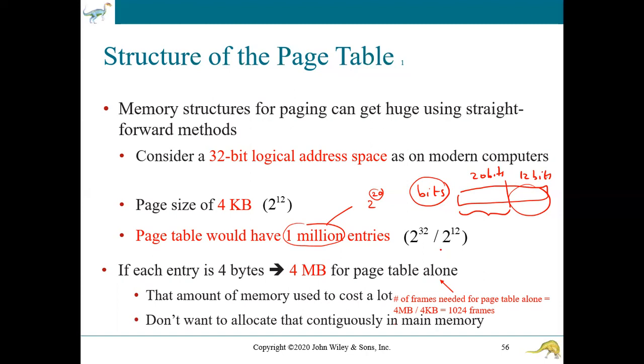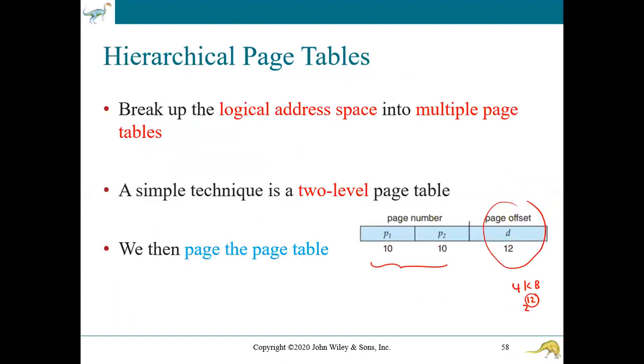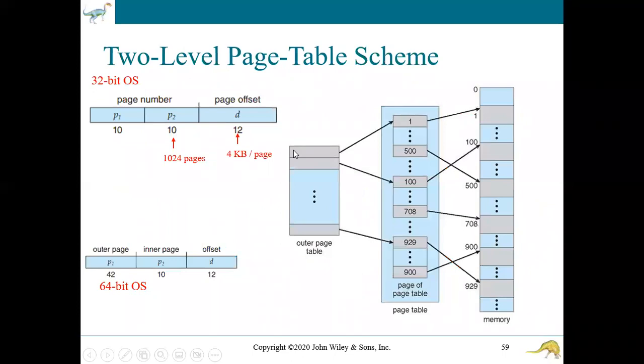So you will not be able to put the page table alone in one frame. Then you have to identify the page table: outer page table, inner page table, page table 1, page table 2. So like that, you divide again into multi-level. Multi-level. So look at now here.